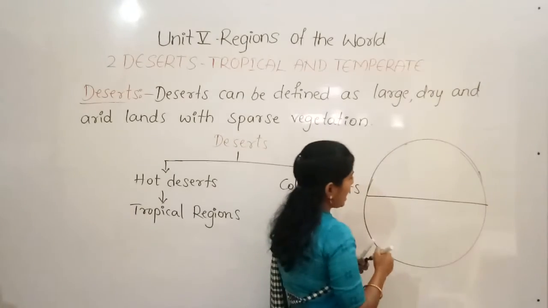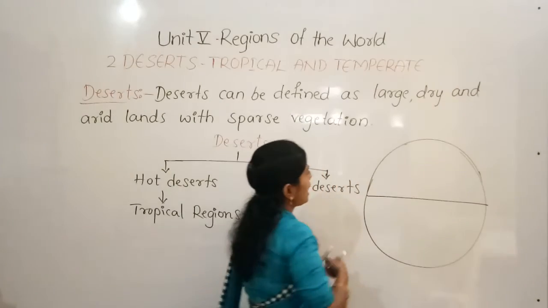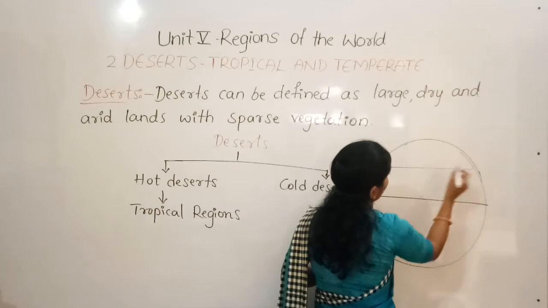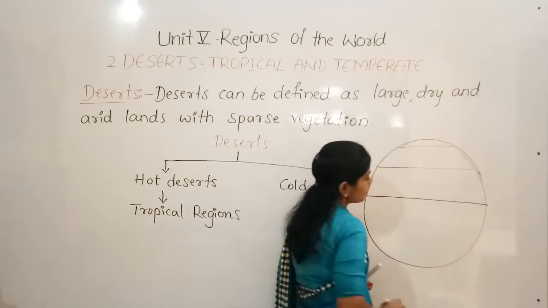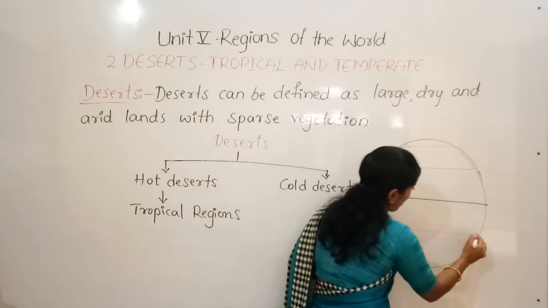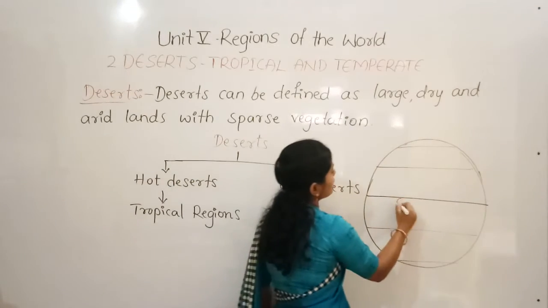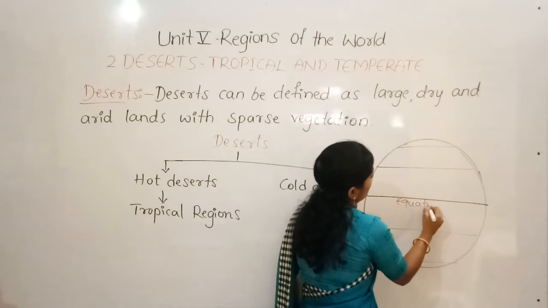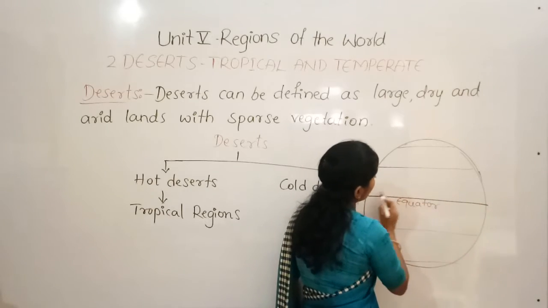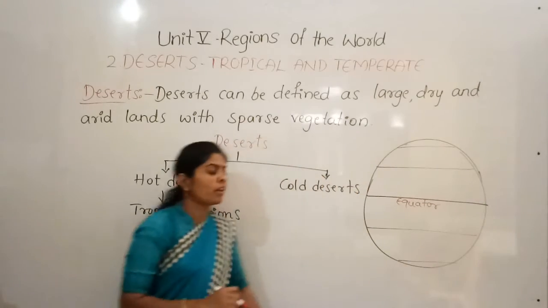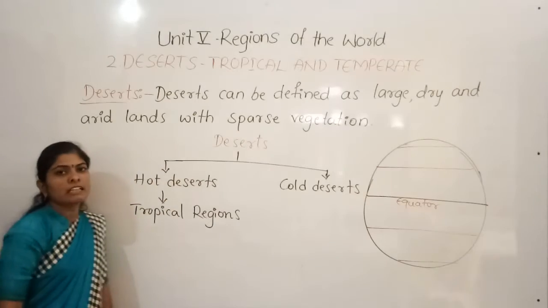Next to this are the Tropic of Cancer, the Arctic Circle, the Tropic of Capricorn and the Antarctic Circle. The zones near the equator we call the tropical regions.